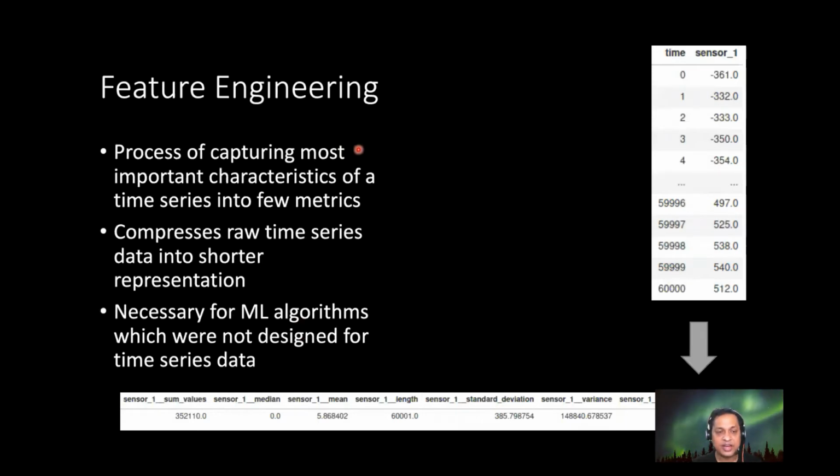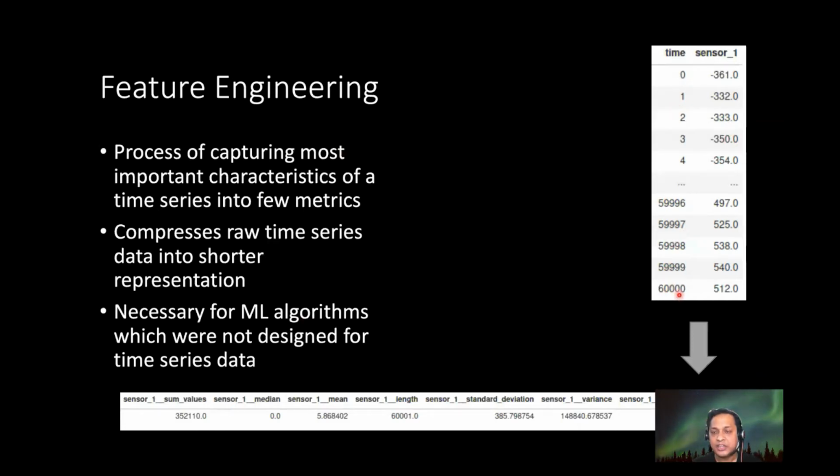To address these challenges, we use something called feature engineering. In feature engineering, we try to capture the most important characteristics of a time series into a few metrics. For example, here I have a long time series with 60,001 observations.